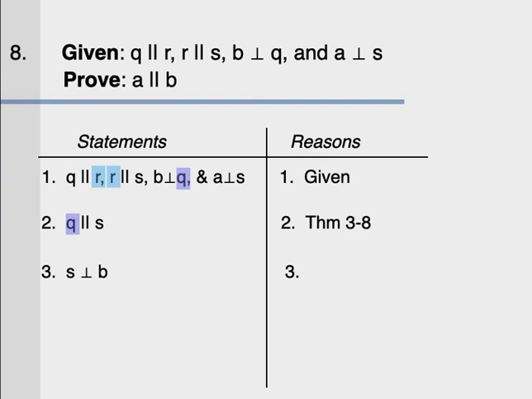And what reason would you use? Excellent work. Now look at your last fact from the given that you haven't used yet. Compare it with your step 3. Two perpendiculars make a parallel. And that's Theorem 3.9.